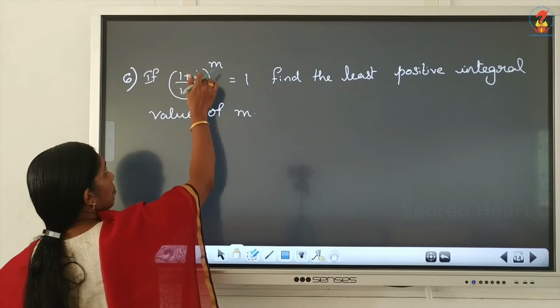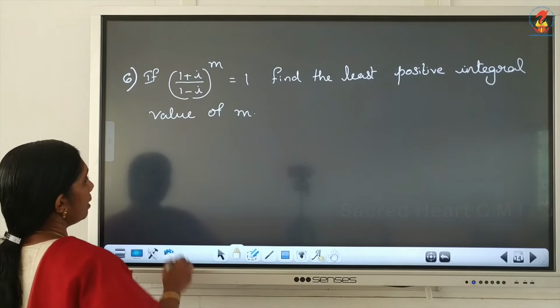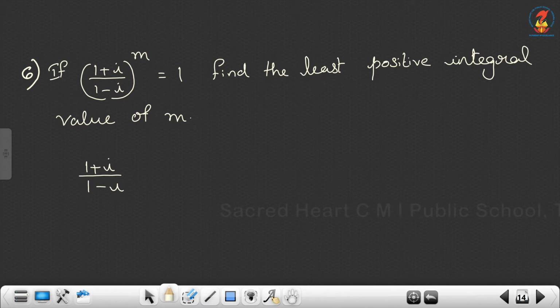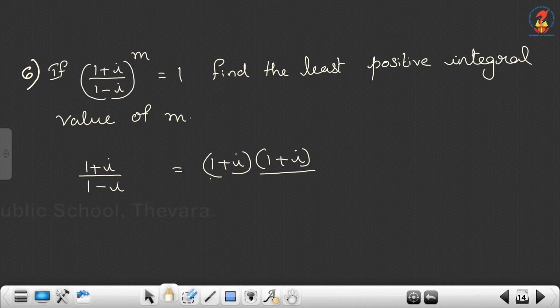So, first we can simplify this, (1 + i)/(1 − i). It is not in the standard form a + ib. The denominator is an imaginary number, so we have to rationalize. Multiply by the conjugate 1 + i: the denominator is (1 − i)(1 + i), and the numerator is (1 + i) whole square.